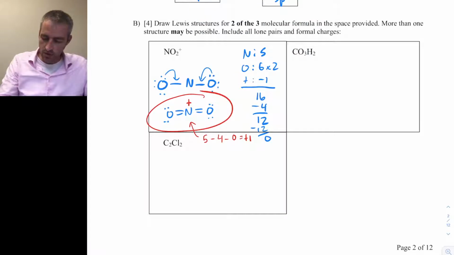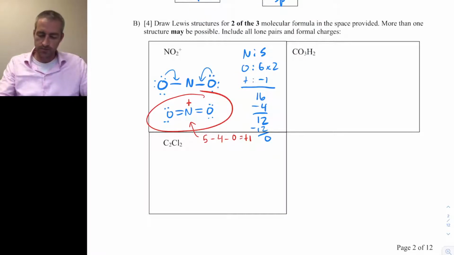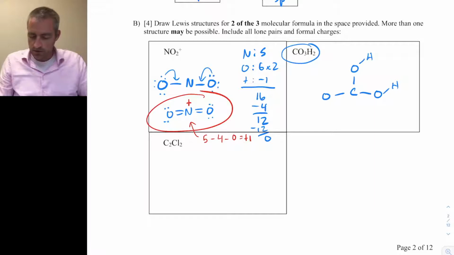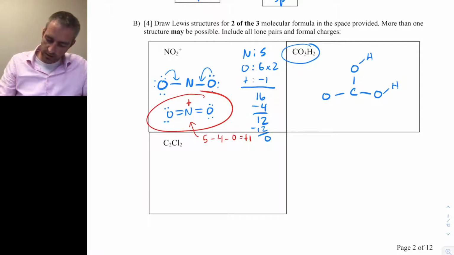Next, CO3H2. So this you might need a little bit of help with. Carbon is going to be central. We're going to have bonds from carbon to 3 oxygens, and 2 of those are OHs. Now technically, this could have a second structure, which is CHOOOH.